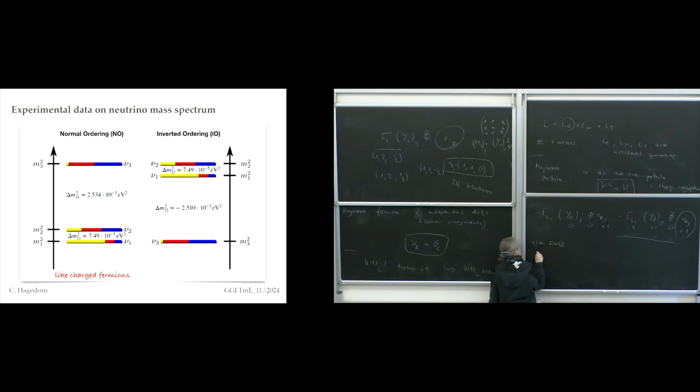With this one, you would get what I now call M_ν^D, which is of this form: the Yukawa coupling times v over square root of 2, the VEV. And where does it show up? How does the Lagrangian change? This piece here would be minus M_ν, ν-bar_i ν_j.